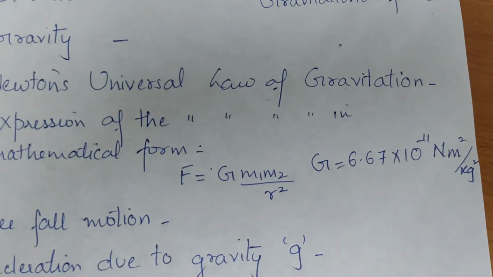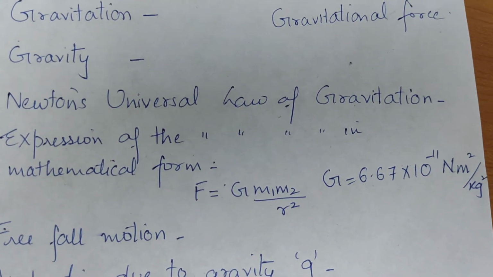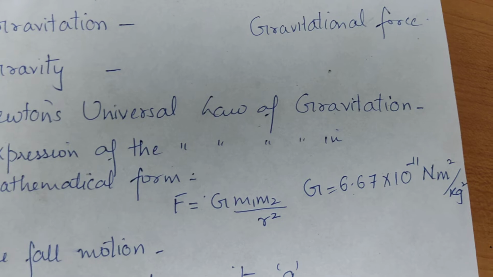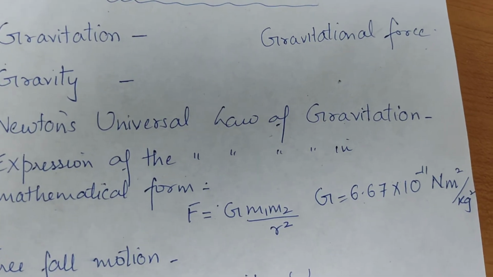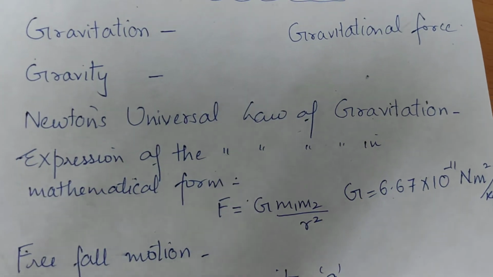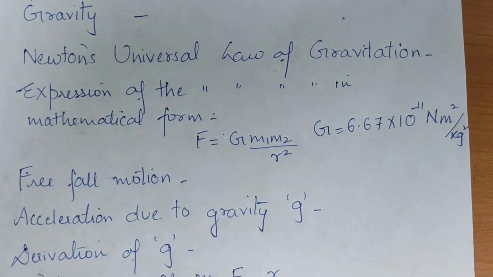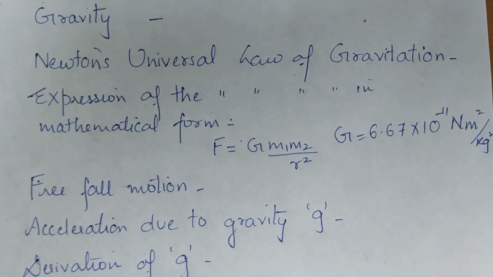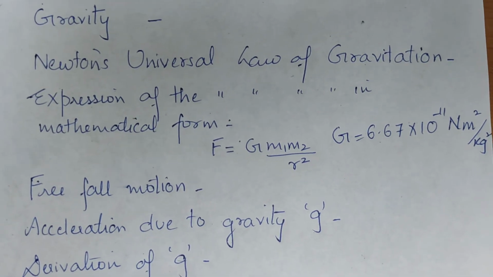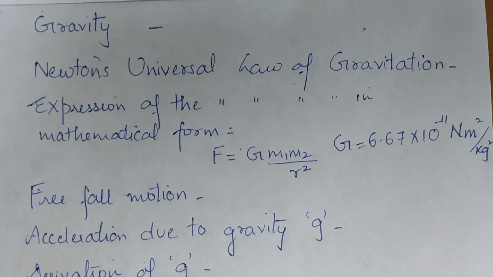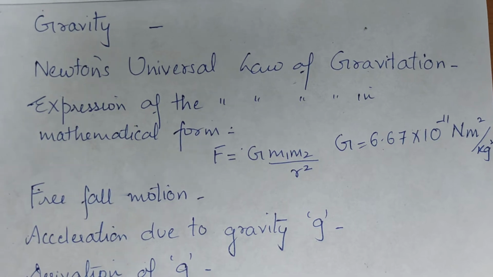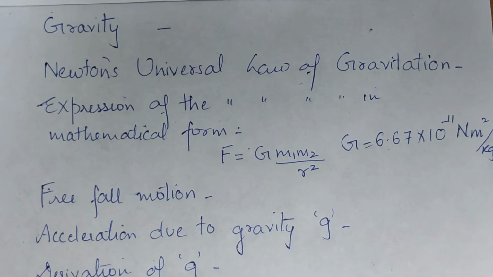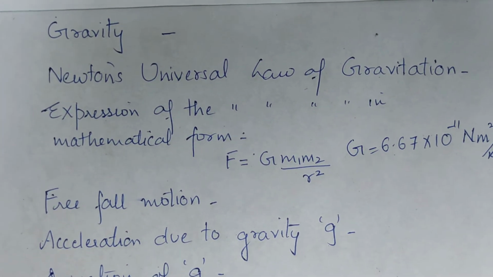And you know the value of this constant G is 6.67 into 10 raised to minus 11 Newton meter square per kg square. Now whenever you write the mathematical form, you should give the introduction of these terms involved like F, G, m1, m2 and r.